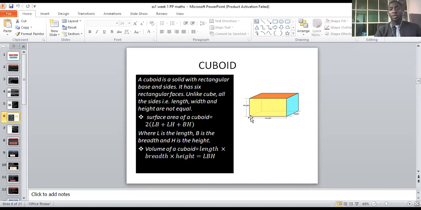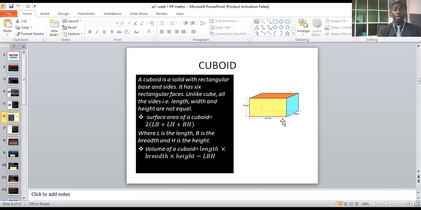So how do you calculate the surface area of this cuboid? We look at the length: 2 open brackets, length times breadth, plus length times height, plus breadth times height. This is how you calculate the surface area of a cuboid. It also has 6 faces.